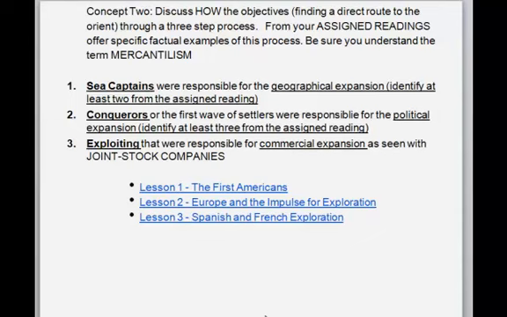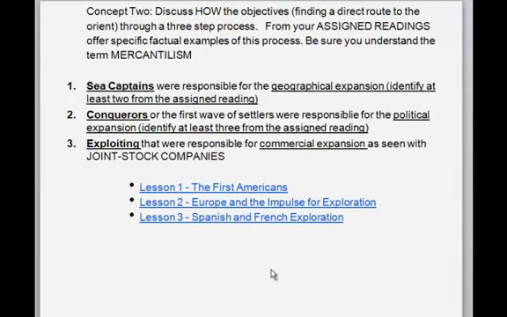Again, you want to give at least 3 examples from the assigned readings, somewhere between lessons 1 through 3. You're going to be able to find examples for that. And give a little bit of detail: dates, exactly the name of the person, where they were from, why they were out there, for conquerors.